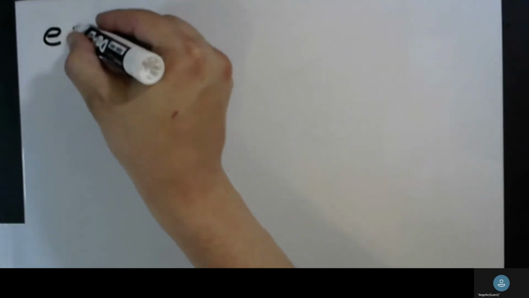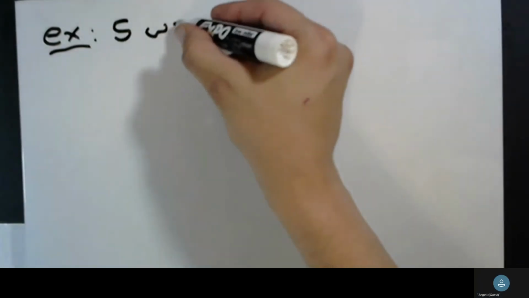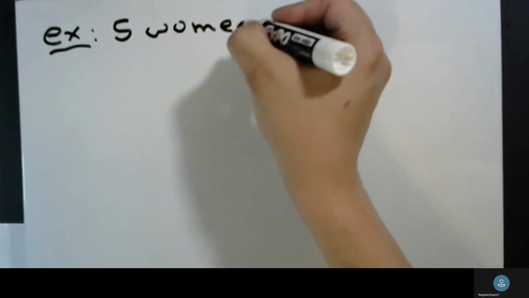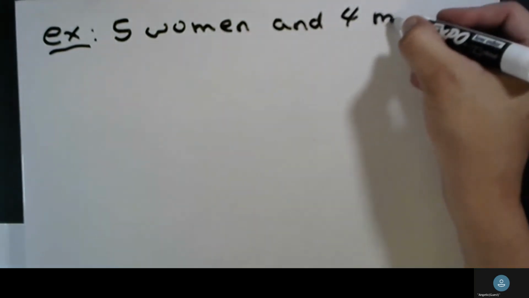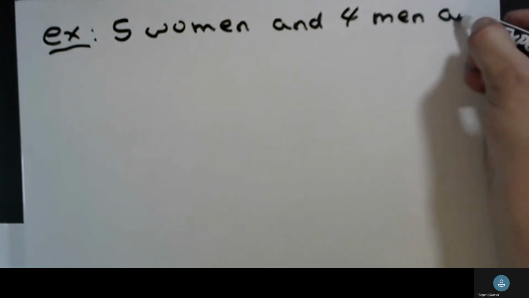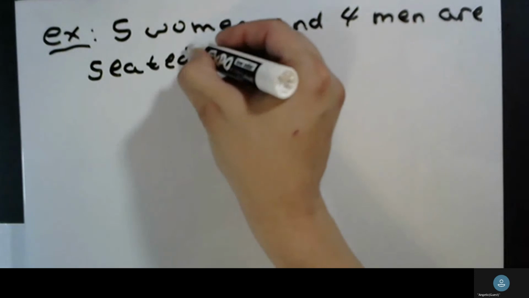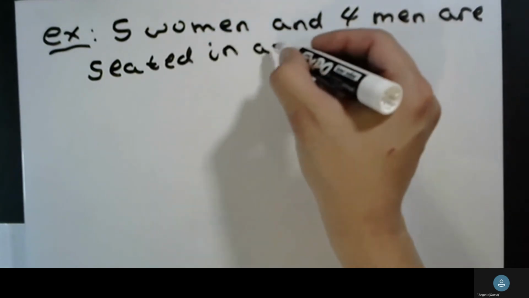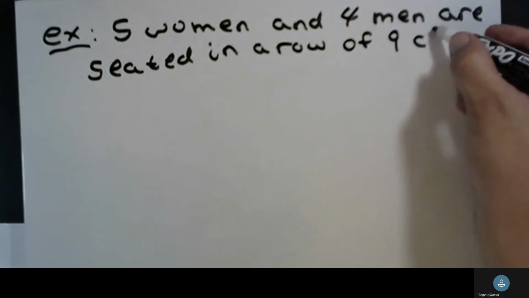Now, here's another one. This one's a little more complicated. 5 women and 4 men are seated in a row of 9 chairs.